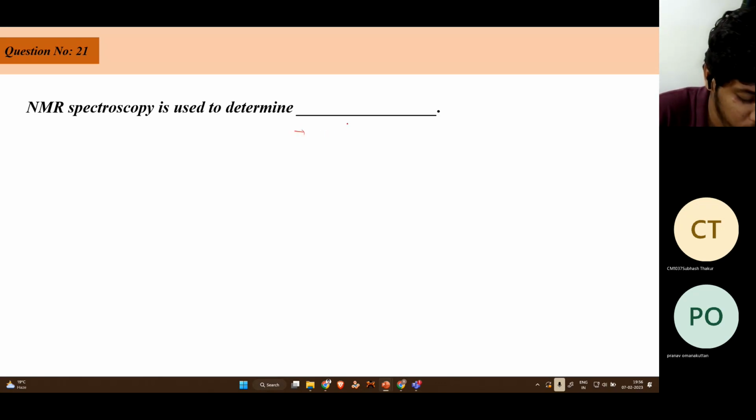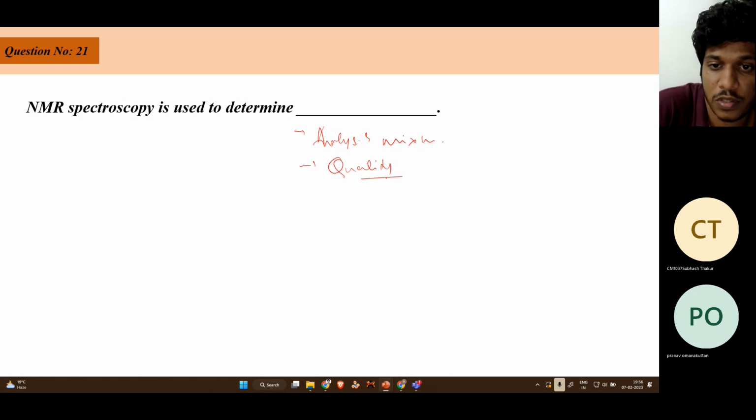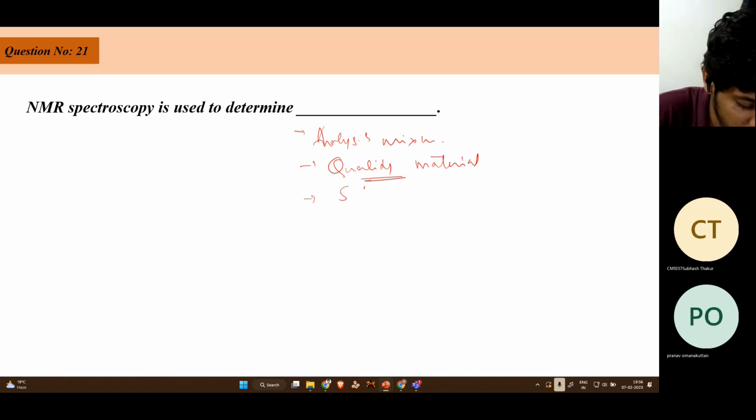As I said, we can analyze mixtures, we can analyze the quality, the presence of impurities or other quality aspects of the material, and you can also do structure determination. Structure determination basically means that we can determine the molecular structure of organic or inorganic compounds, including the position of hydrogen, carbon, nitrogen, etc.